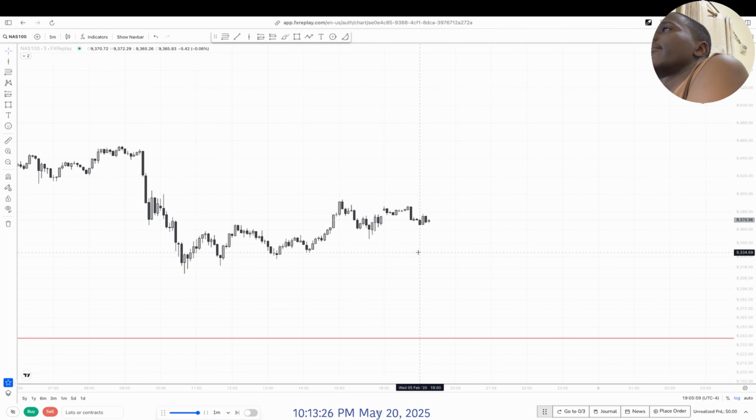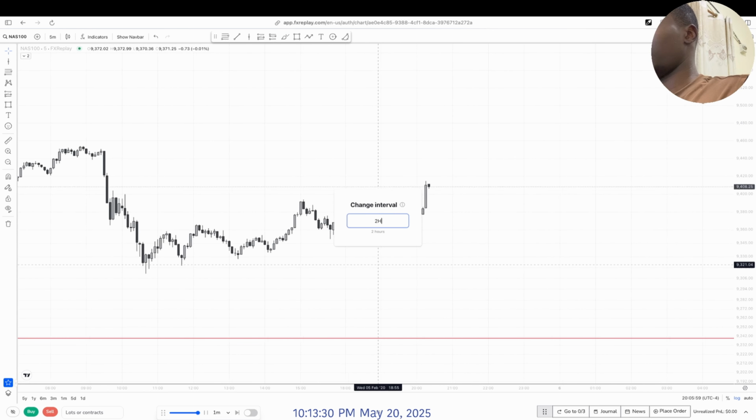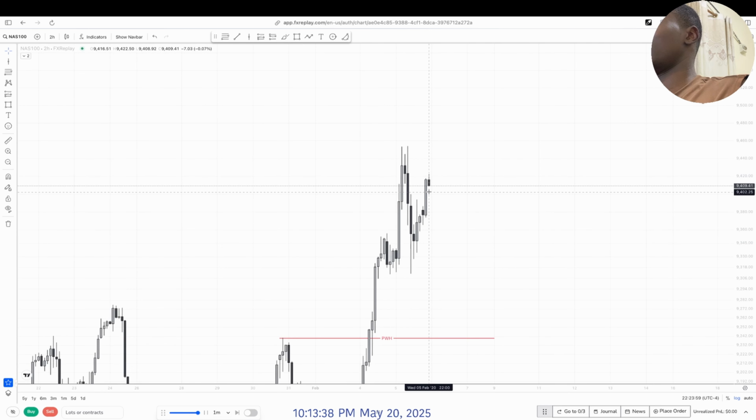Okay, let's wait now. Let me get an entry on this one's there. So we push back now into this fair value gap. Will it get respected?